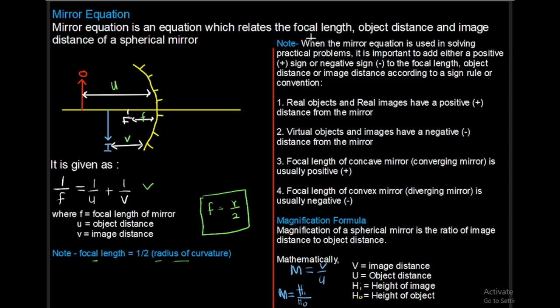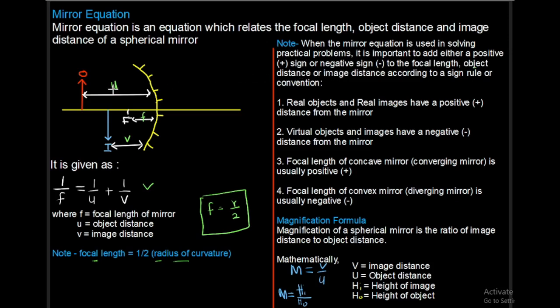Now here it says, note, when the mirror equation is used in solving practical problems, it is important to add either a positive sign or negative sign to the focal length, the object distance, or the image distance according to a sign rule or convention.